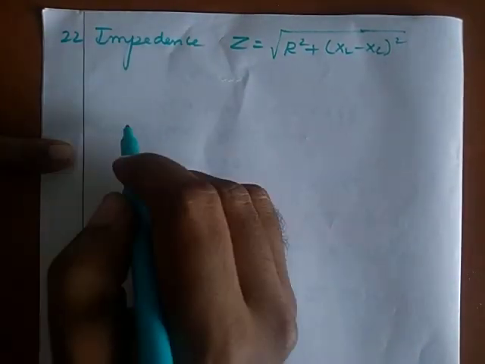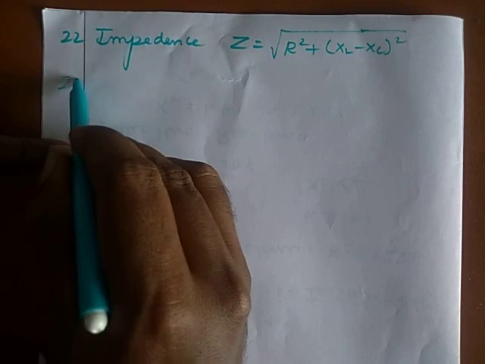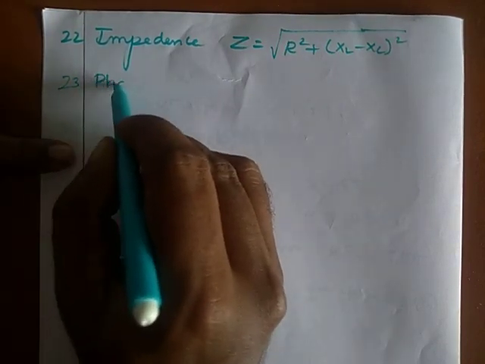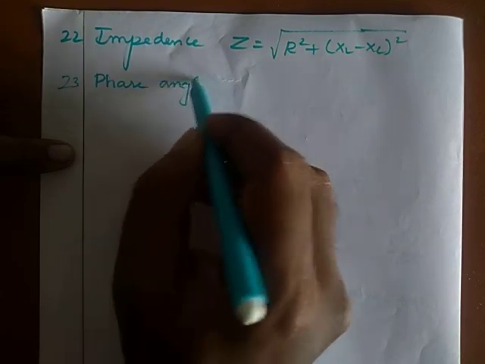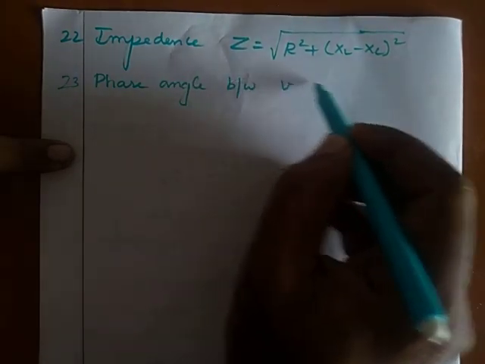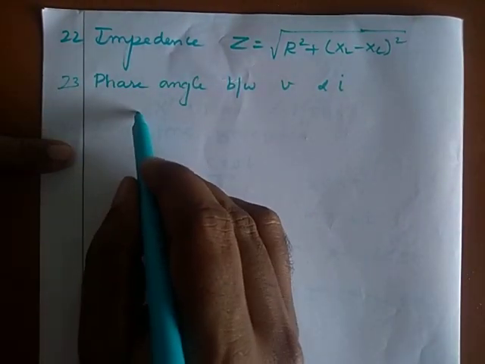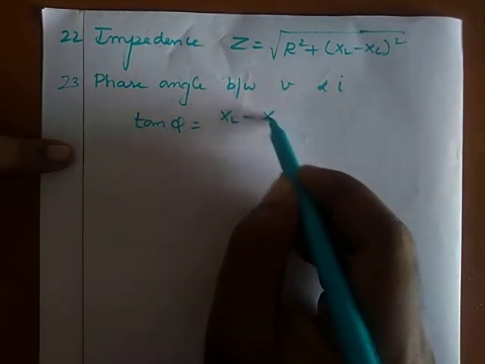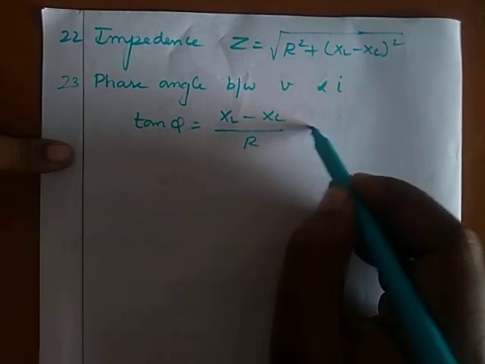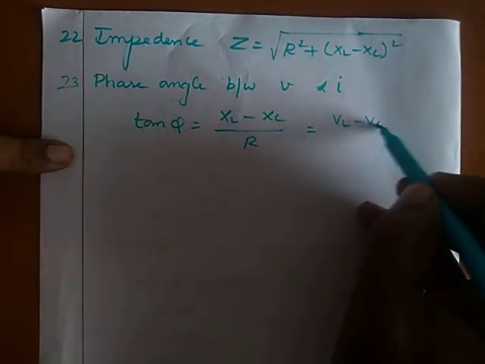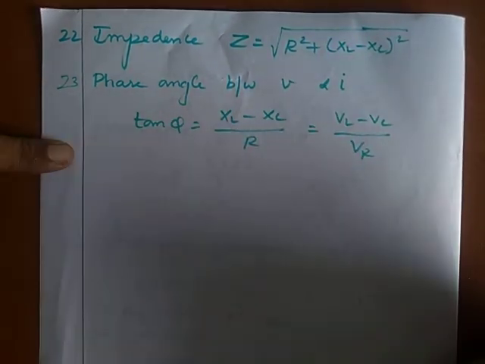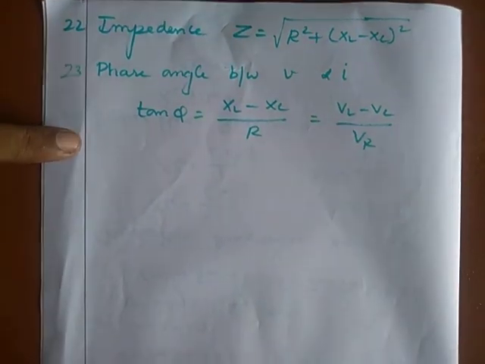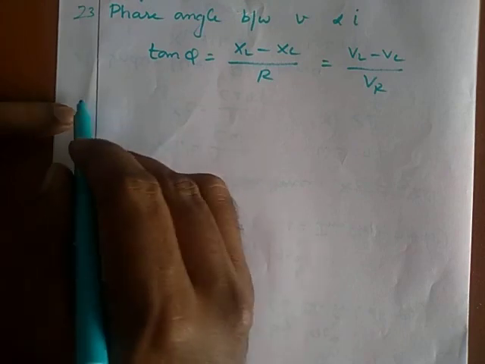Then the phase angle between current and voltage in an RLC series circuit: tan phi is equal to (XL minus XC) by R, or (VL minus VC) by VR.